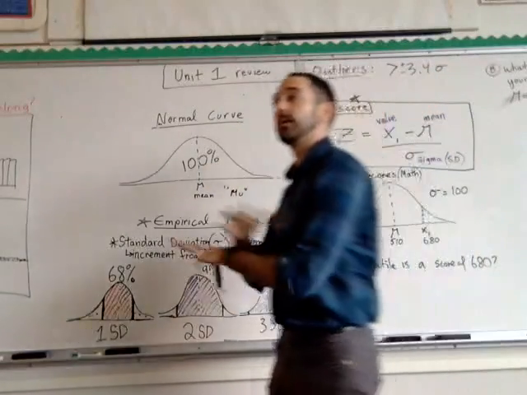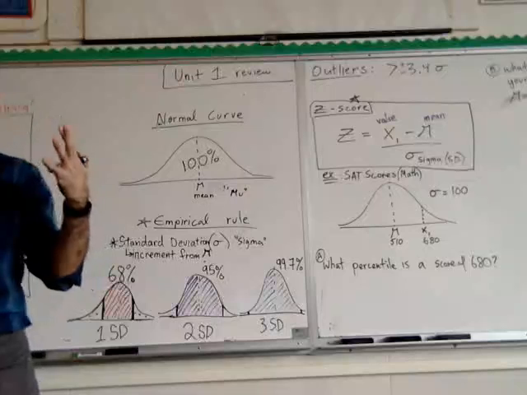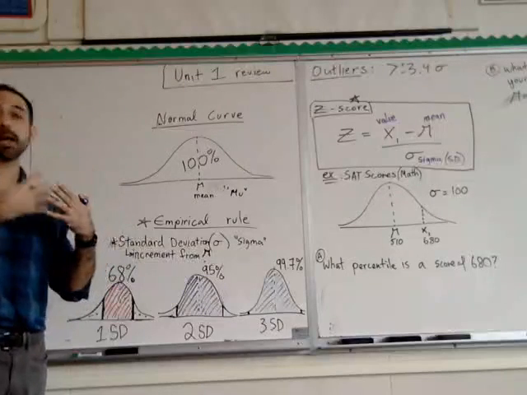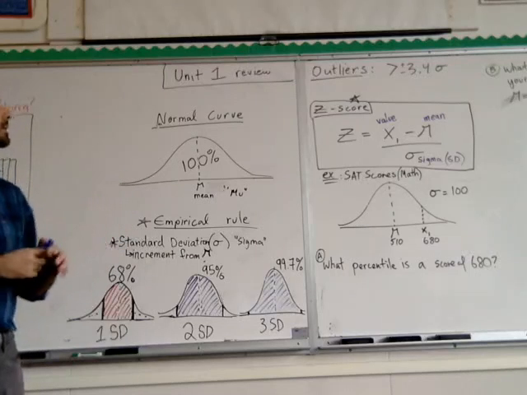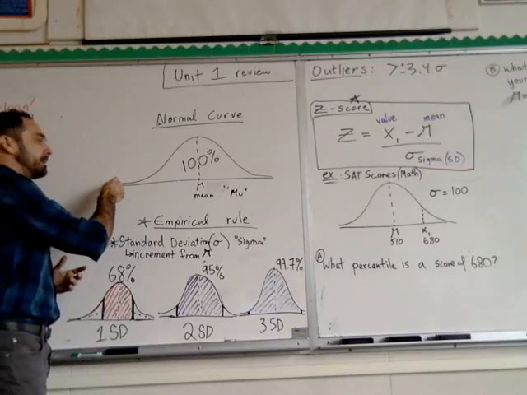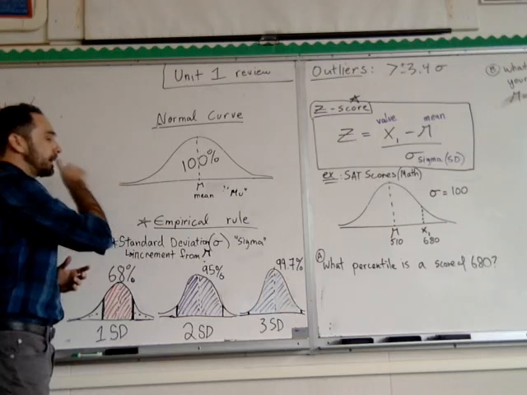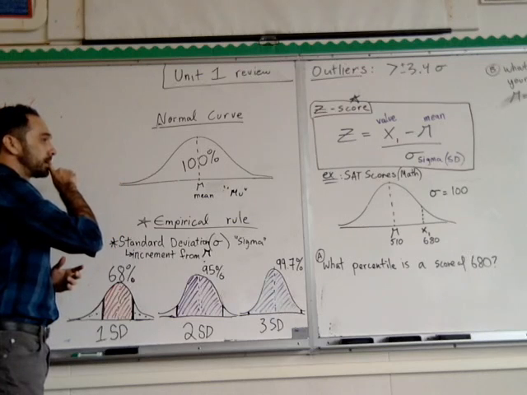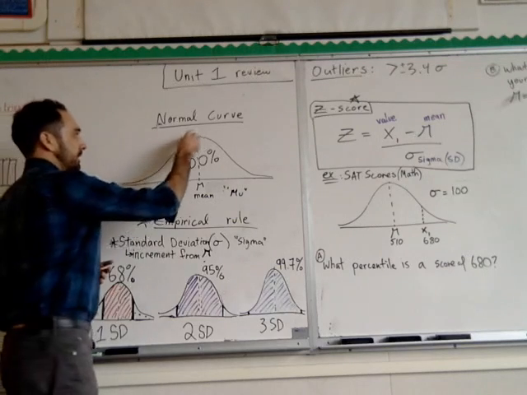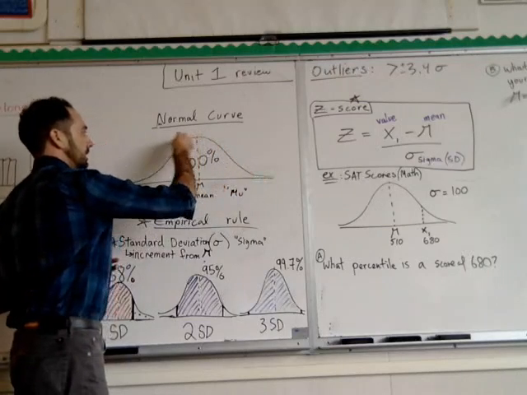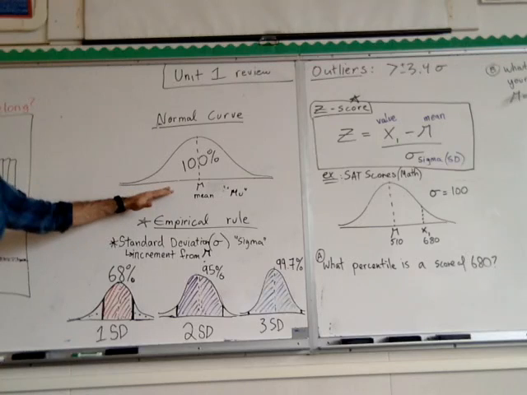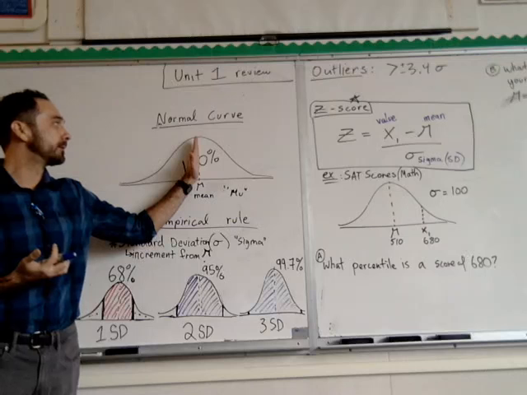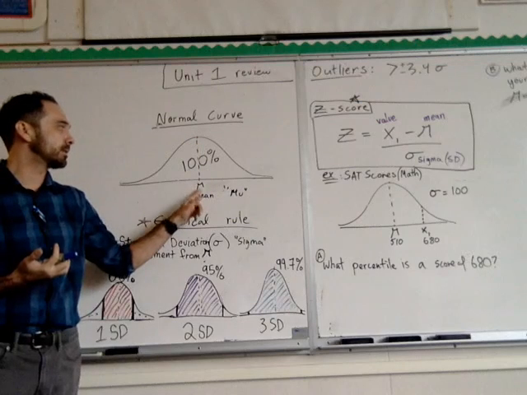Now remember, if you have really large numbers, like hundreds of thousands of people being surveyed to get data, then some things, maybe intelligence or height, will fit into a normal curve like this, where most of the individuals or values are right towards the mean.